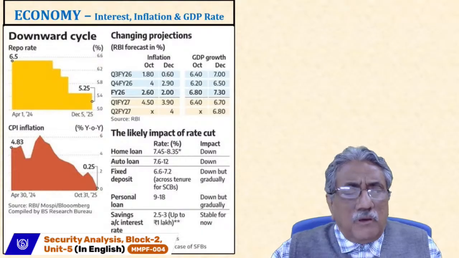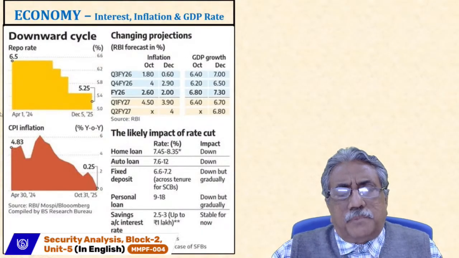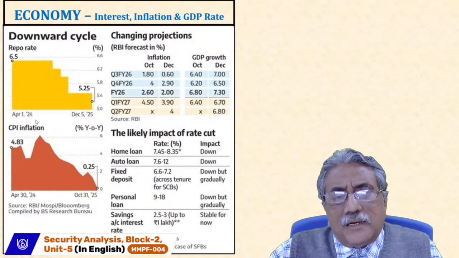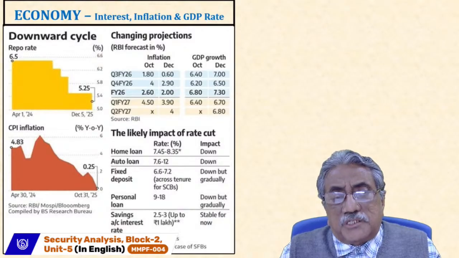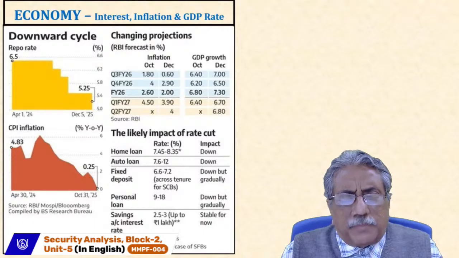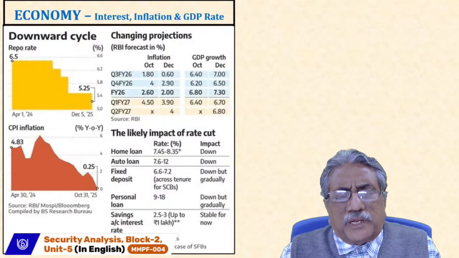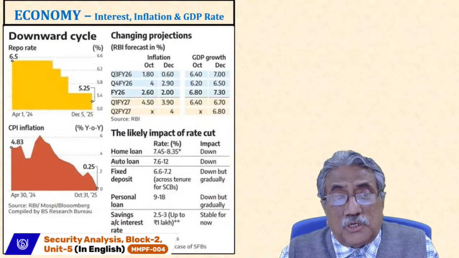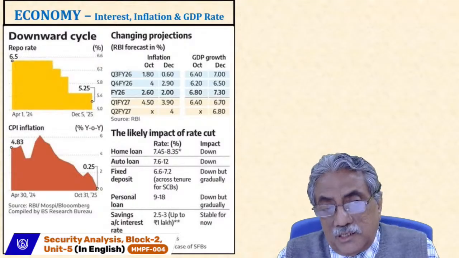So if you look at this summing up slide, if GDP is sound and growing, inflation is low, so the buying power is there, interest rate is low, so the company can borrow, company can expand, they can think of growth. So this is the ideal atmosphere for investment.